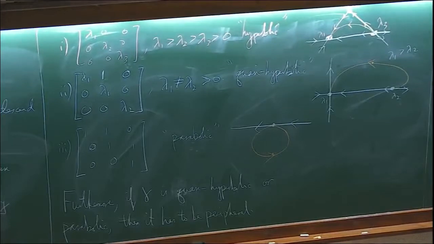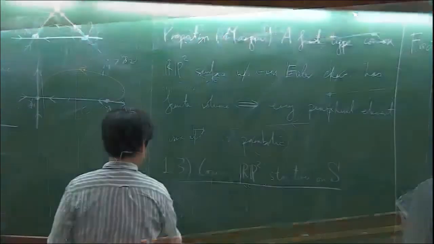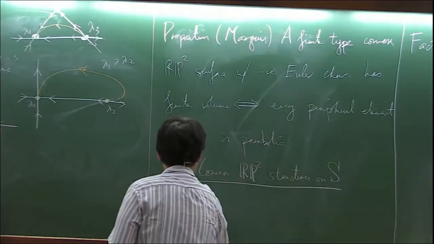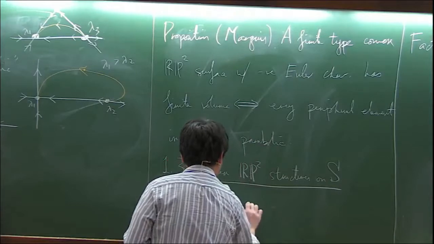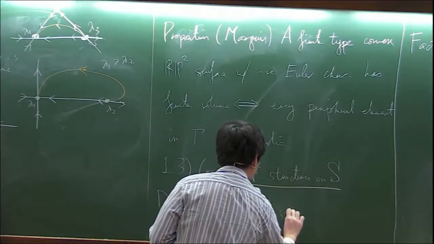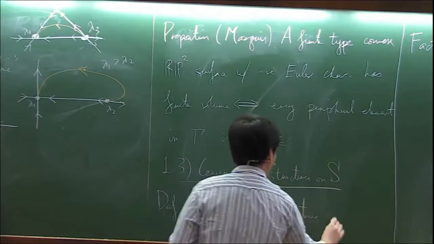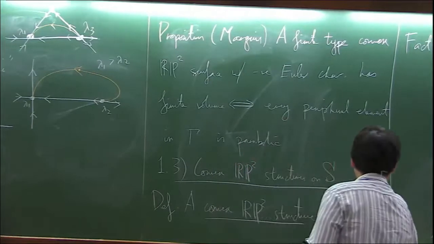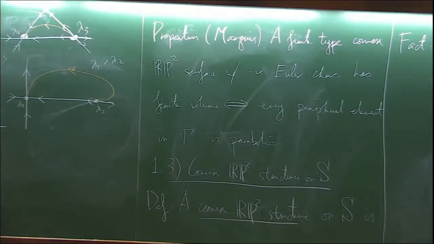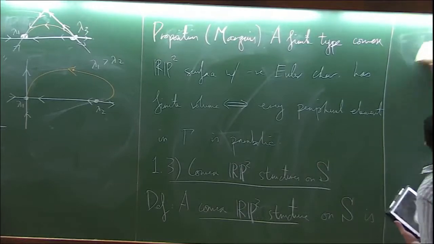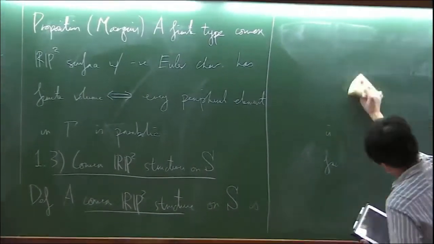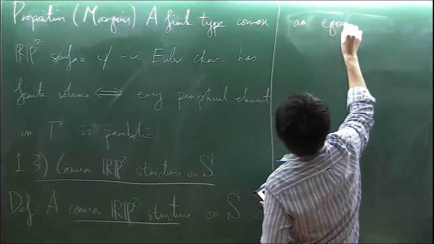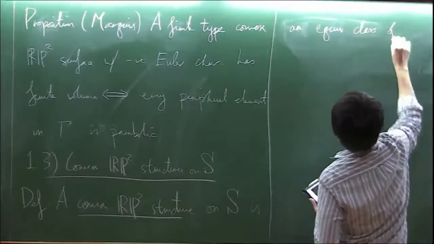Okay. So what is a convex RP2 structure on a surface? Okay, definition: a convex RP2 structure on S is an equivalence class of a pair.